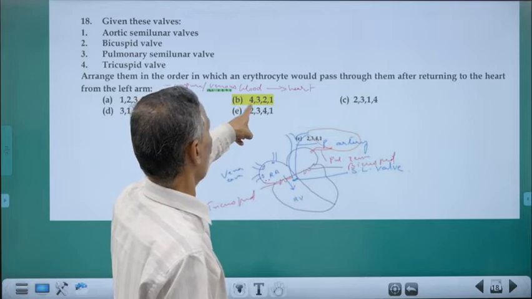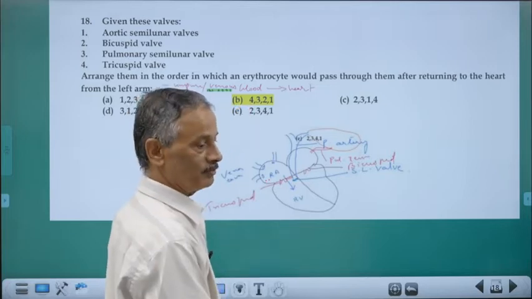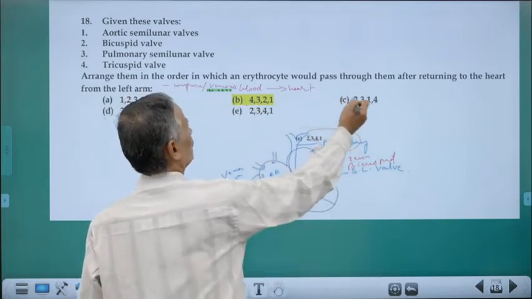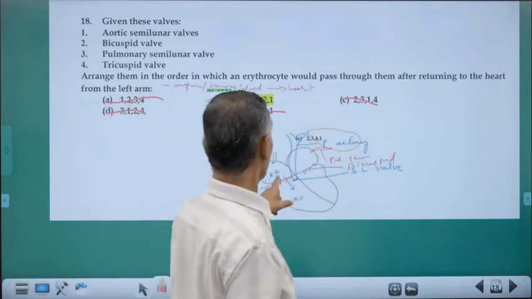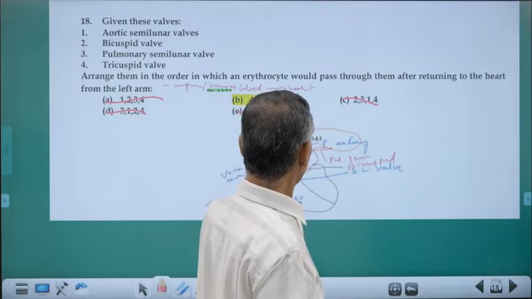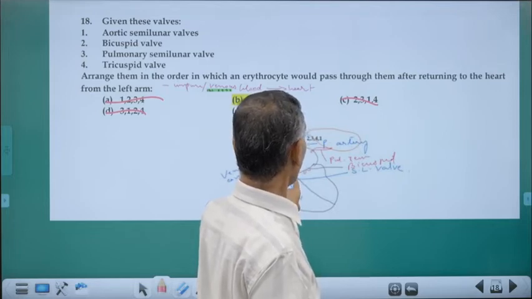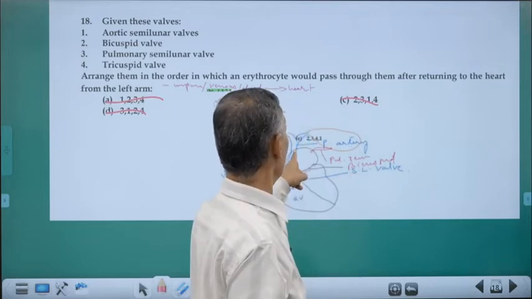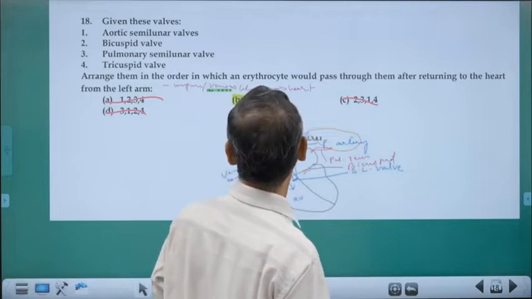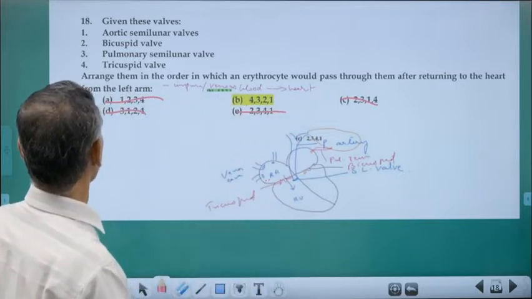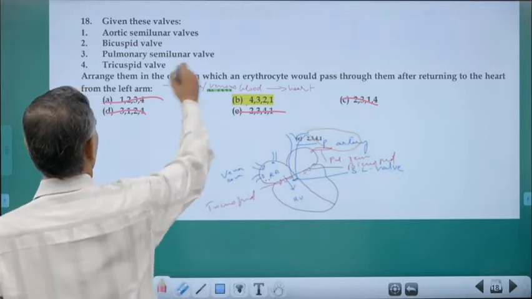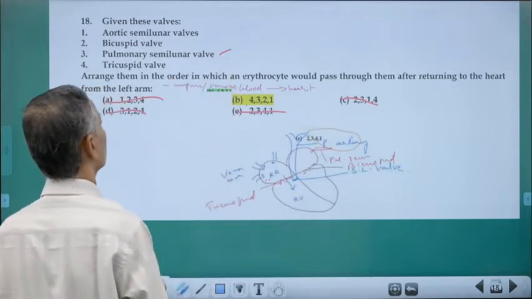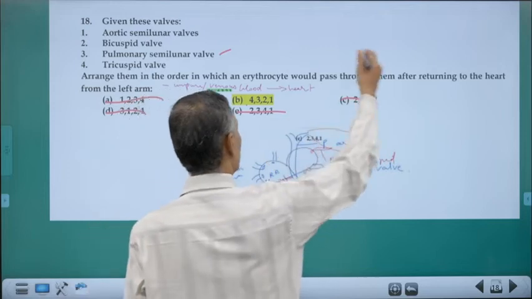There is only one option where 4 is first. See, this is not. Now we'll discuss. Now, it reached the right ventricle. Then it passes through the semilunar valve of the ventricle. So after tricuspid, we are having the pulmonary semilunar valve. Then it reaches the lungs.